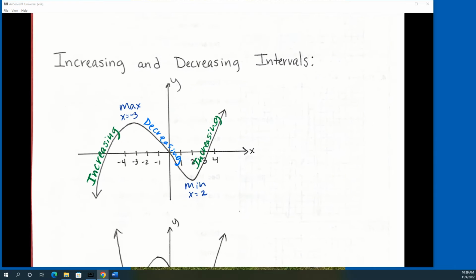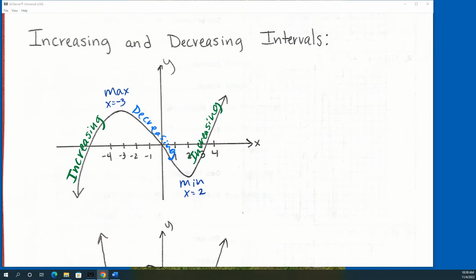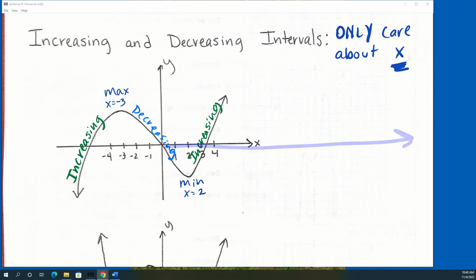Now, when we're doing these intervals of increasing and decreasing, we only care about x's. We're not going to even talk about the y values. We're only going to talk about the x values. If this graph is going to keep going forever to the right, what number is forever to the right? It's not really a number, it's like an idea of a number. Do you guys know?